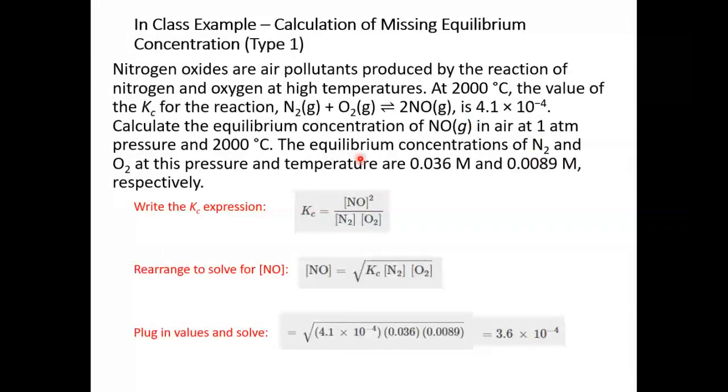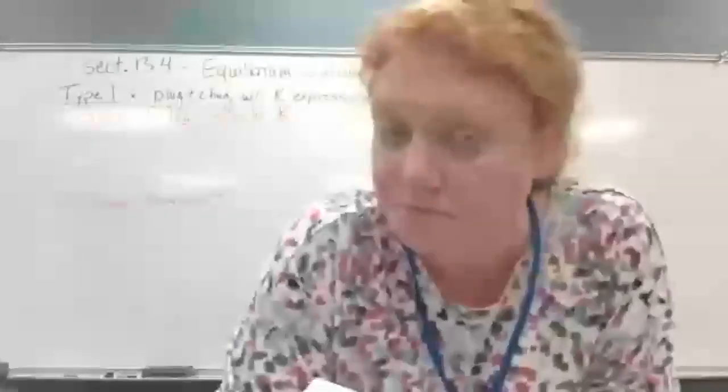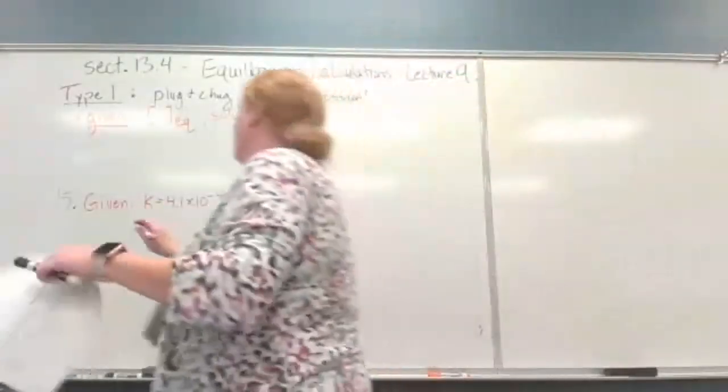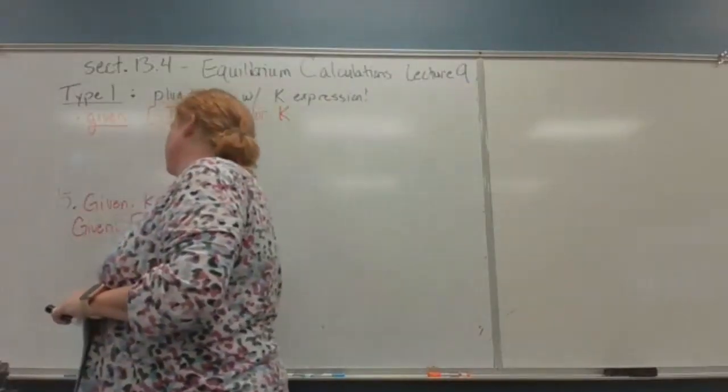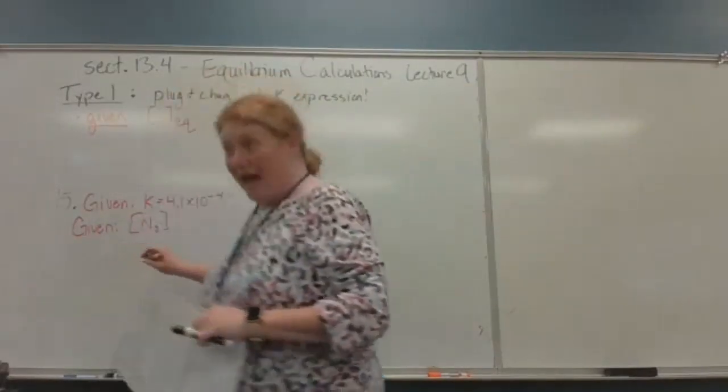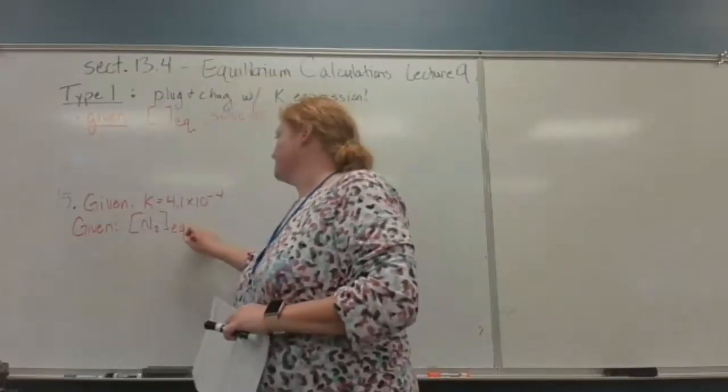The concentrations of N2 and O2 at this pressure and temperature are, here's this molarity. This is applying to the N2, right? That's why I say respectively, yes? This first molarity is N2 and this second molarity is O2. And these are the concentrations at which point? I say these are at equilibrium, right?